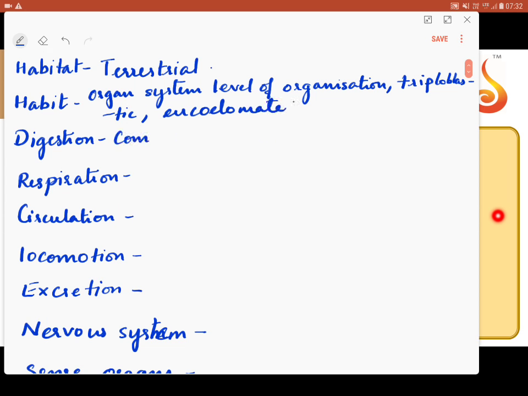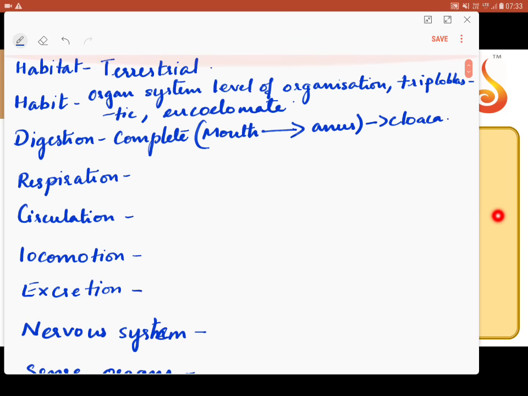Digestion is complete, meaning to say it starts from the mouth and moves up till the anus, but the anus opens in the form of cloaca. I hope you remember what is cloaca. Cloaca is a common opening for excretory products, digestive waste and the reproductive products. Moving on to respiration, it is a land form and hence lungs take care of respiration. But we learnt another exception, turtles also respire through cloaca.